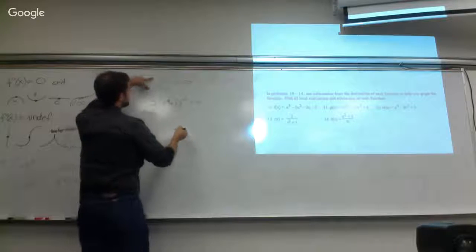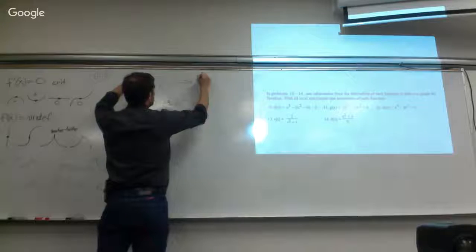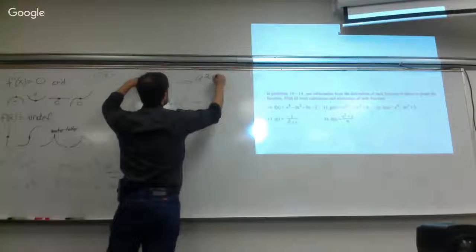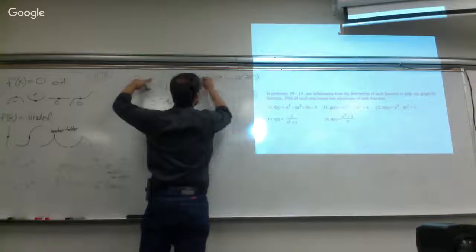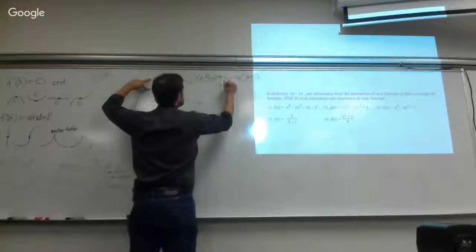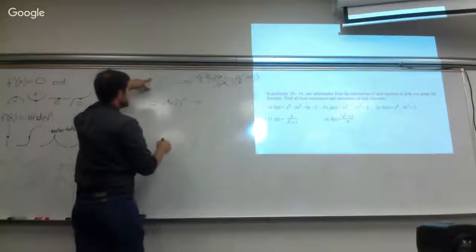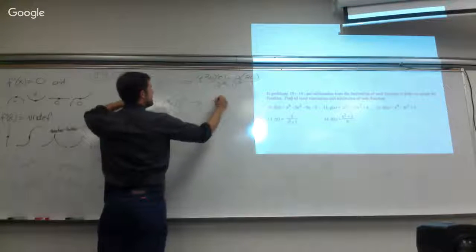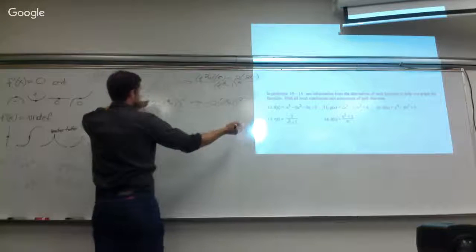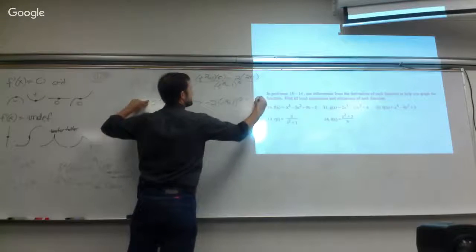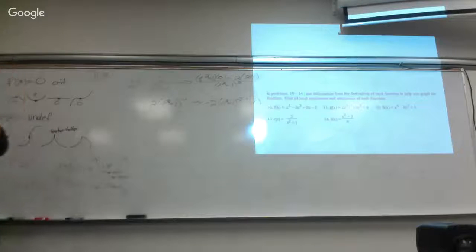If you do the quotient rule, you've got ho d high minus high d ho all over ho ho. Or using the chain rule, you've got negative 2 outside of t squared plus 1 to the negative 2, times the derivative of the inside, which is 2t. That's just the first step.